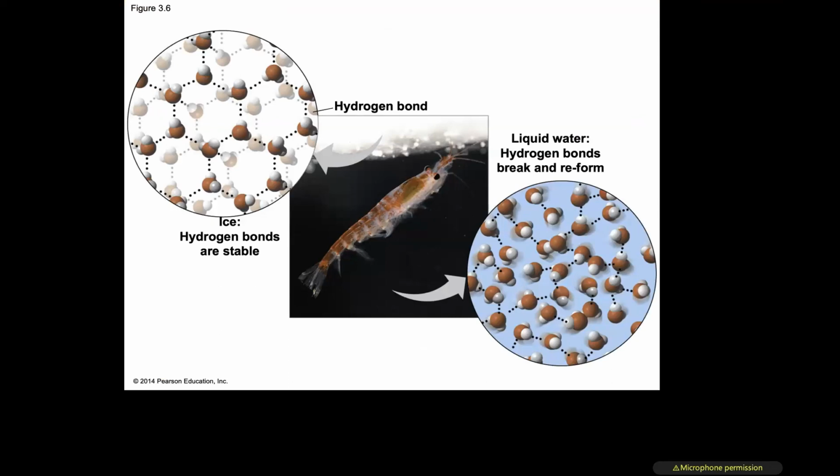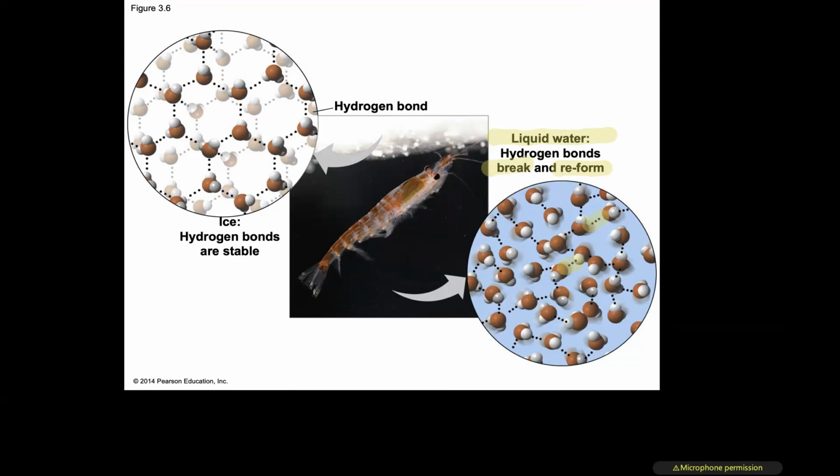We're looking at liquid water, and you can see hydrogen bonds breaking and reforming, okay? The hydrogen bonds are not set. This is not always bonded here, and that's not always bonded here. They dance around and continue to break and reform, break and reform, okay?